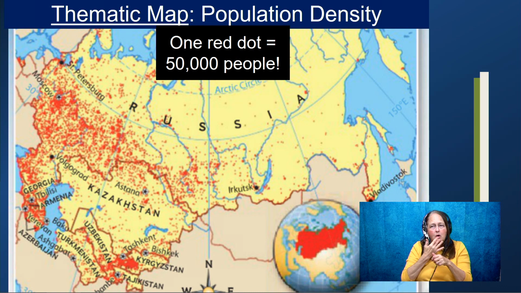And it looks like it's in the western and southern parts of Russia, and that would indicate the larger cities, the urban areas. When you compare that to Siberia, out in central and eastern Russia, you really don't see a lot of red, do you? That's not to say that people don't live there, but they're fewer and further between. Remember, population density is how closely packed are the people.